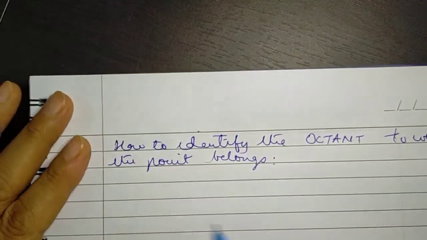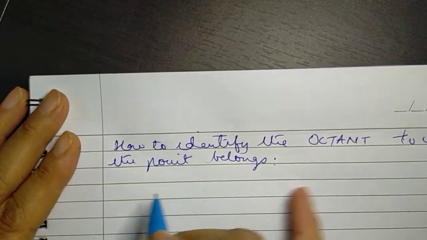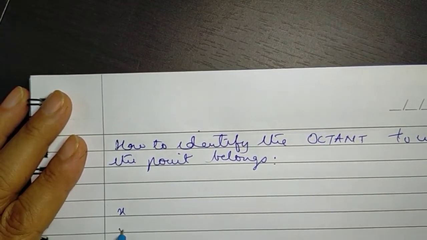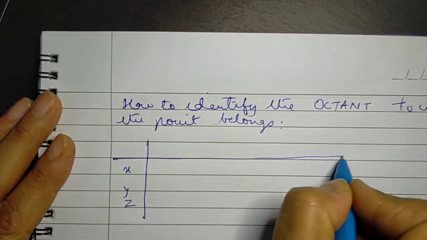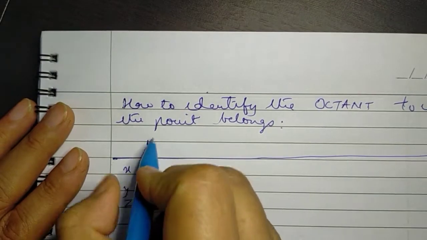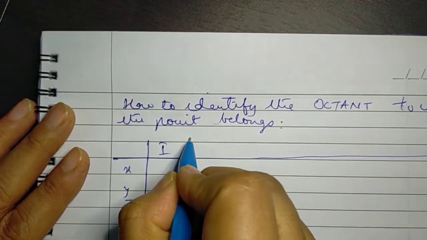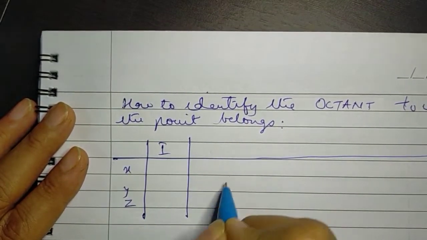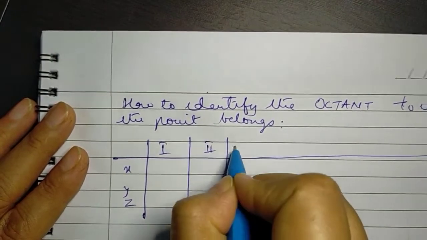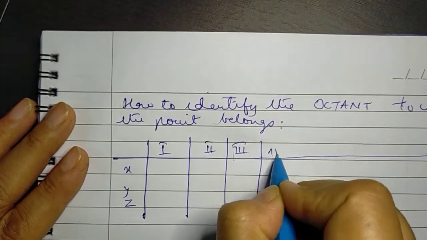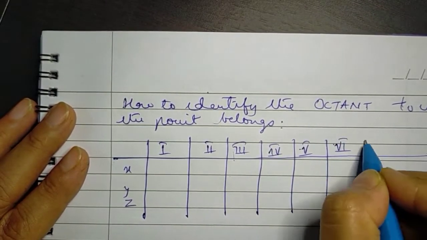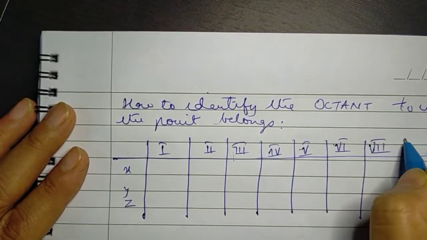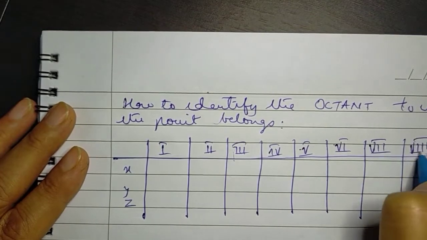We have the x coordinate, y coordinate and z coordinate, and then we have the 8 octants as 1, 2, 3, 4, 5, 6, 7 and 8.